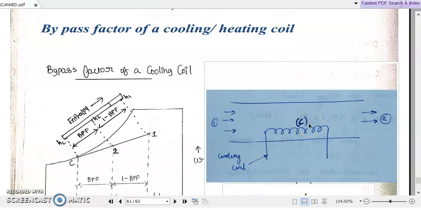Those air molecules which bypassed, or which didn't touch the surface of the cooling coil, will remain at their initial temperature itself.